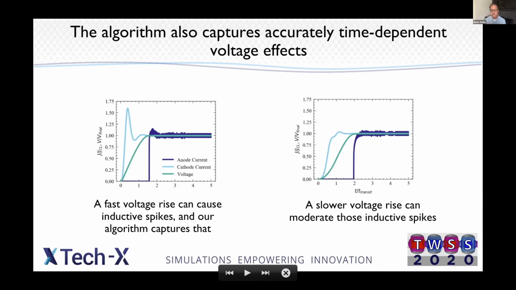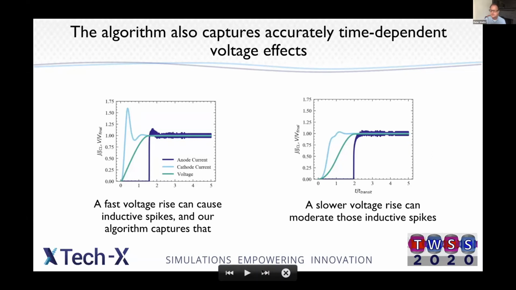So it's a slower voltage rise, and we were able to get rid of that inductive spike entirely. So yeah, it looked again like this algorithm is behaving really well. It can handle kind of current heading both directions. It can handle time-dependent voltages. So yeah, we're really pleased with the 1D test so far.